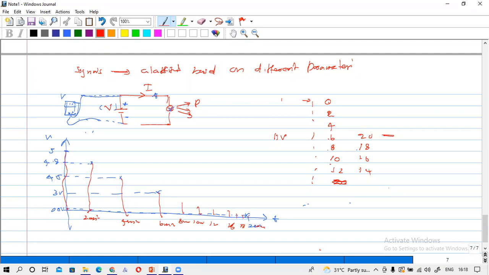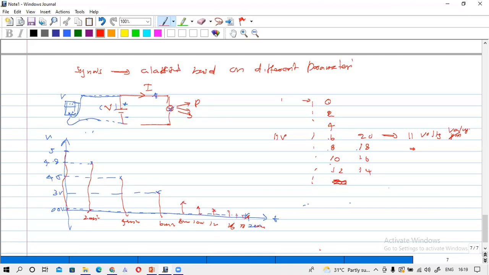So 11 points, 11 voltage values I have measured from 0 to 20 minutes using the multimeter.